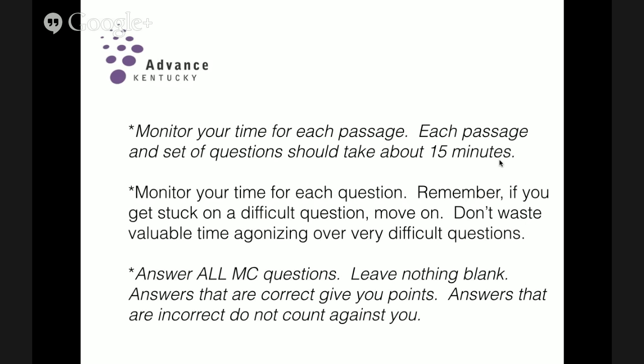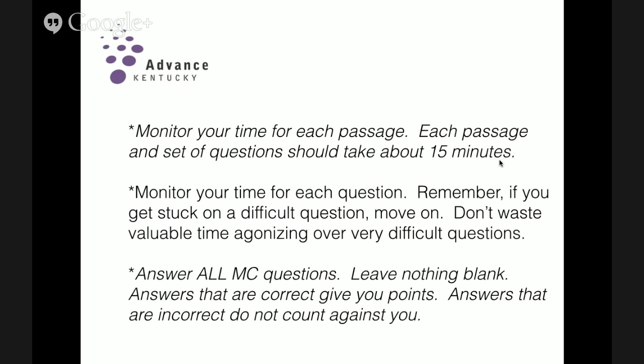As you're monitoring for each passage, you also want to monitor your time for each question. If you get stuck on a difficult question, just move on. Don't waste valuable time worrying about the very difficult questions. You'll have somewhere between 5 to 10 very difficult questions, and those are going to be spread throughout the whole exam.